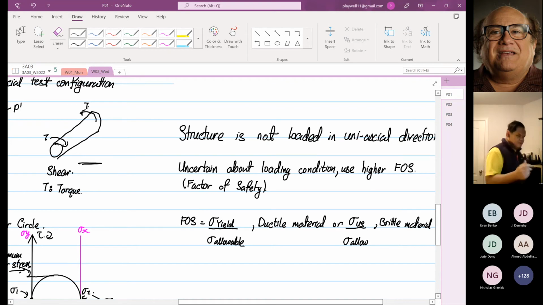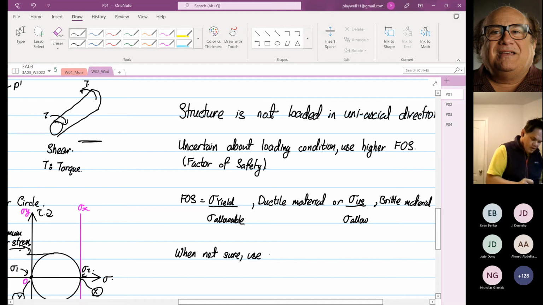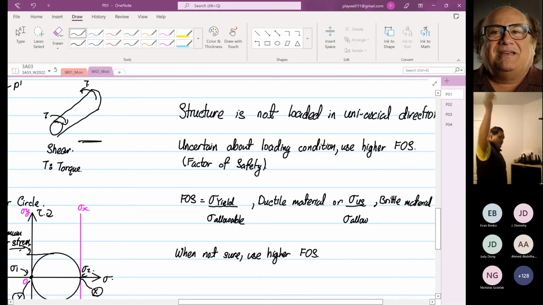So if you are uncertain of the loading condition, when not sure, use a higher factor of safety. When you're not sure, you use a higher factor of safety.